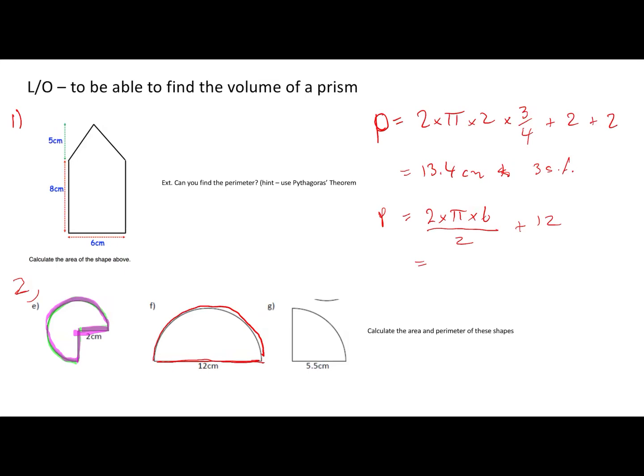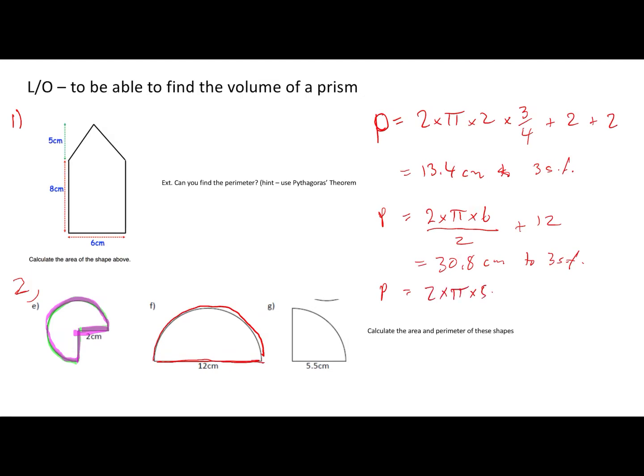Okay, so now use a calculator. 2 times pi times 6 divided by 2 plus 12 equals 30.8 centimetres to 3 significant figures.